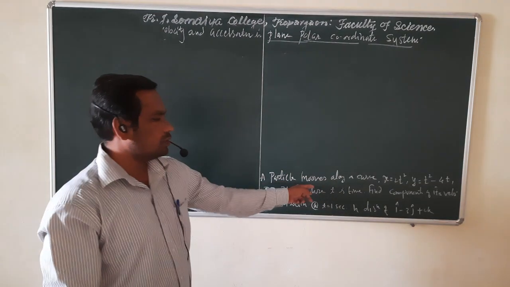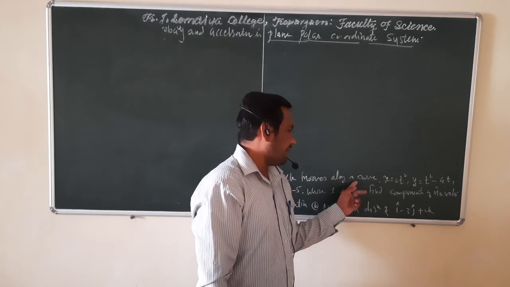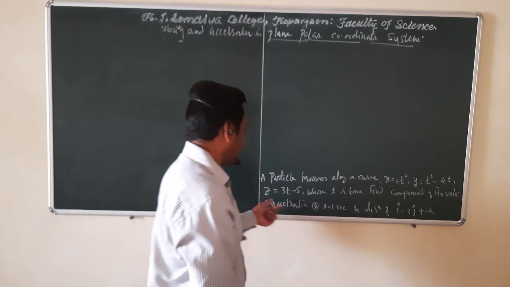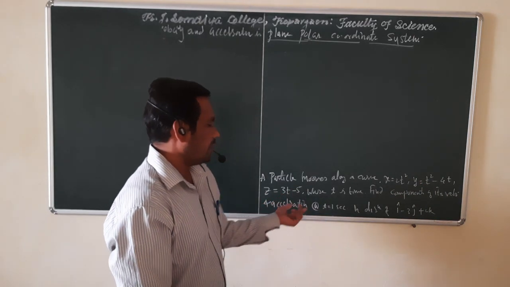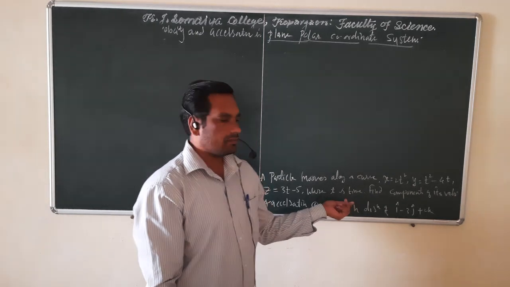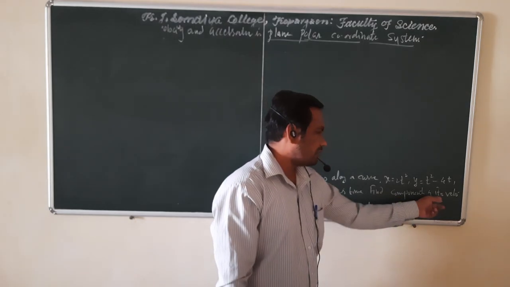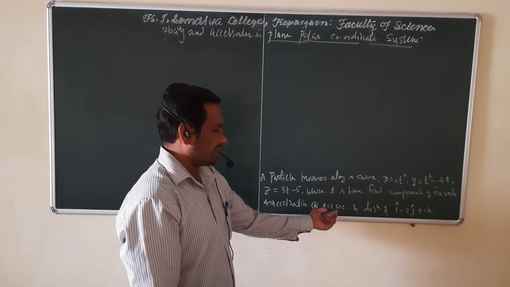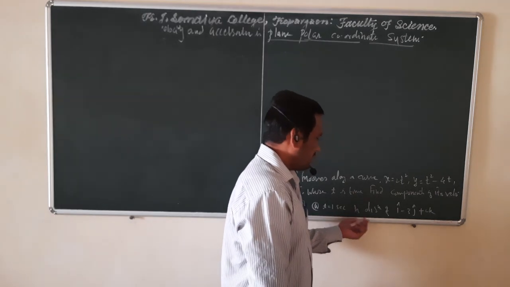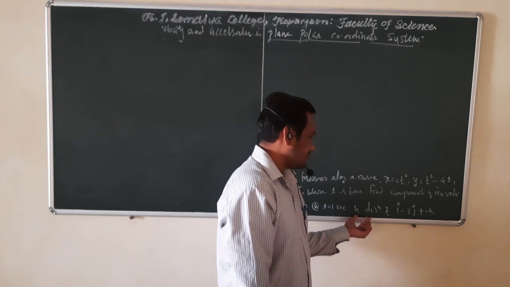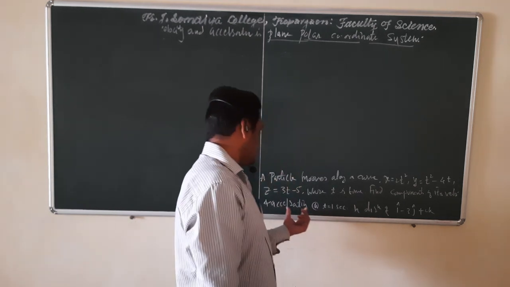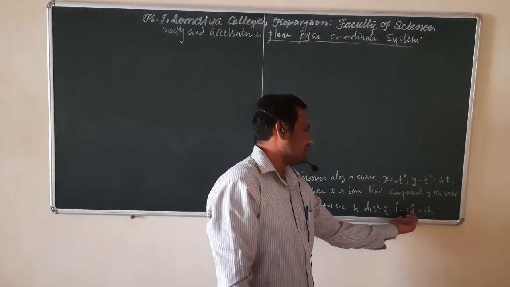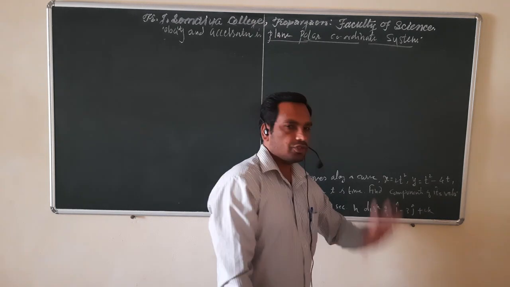A particle moves along a curve defined by x equal to 2t square, y equal to t square minus 4t, and z equal to 3t minus 5, where time t is in seconds. Find the components of its velocity and acceleration at t equal to 1 second, and the components of velocity and acceleration at t equal to 1 second in the direction of the vector i minus 3j plus 2k.